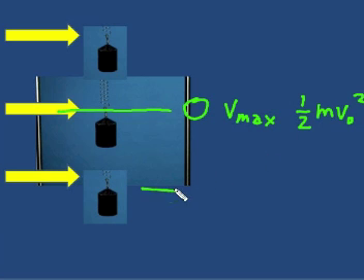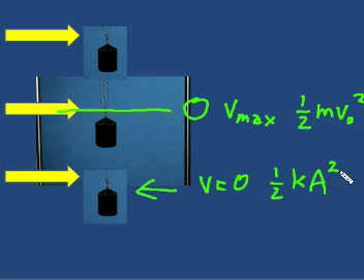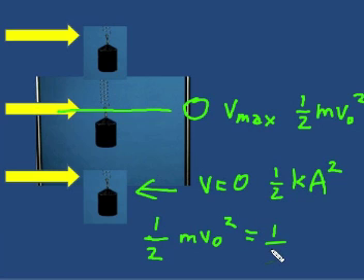At maximum extension, all of the energy is stored elastic energy in the spring. The velocity is 0, so the energy then is 1/2 kA squared. And we can then say 1/2 mv squared equals 1/2 kA squared, which becomes a useful formula to solve for unknowns in simple harmonic motion.